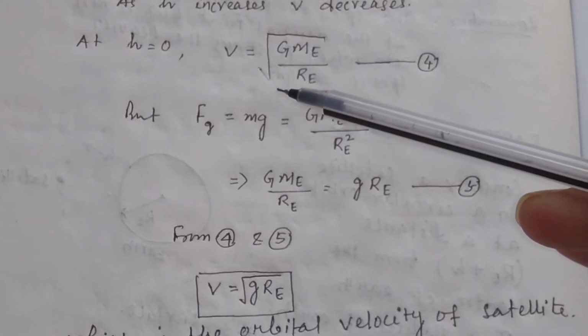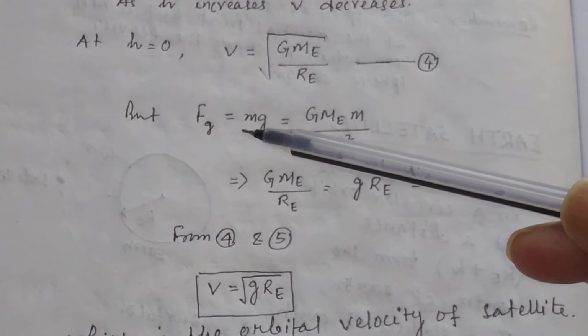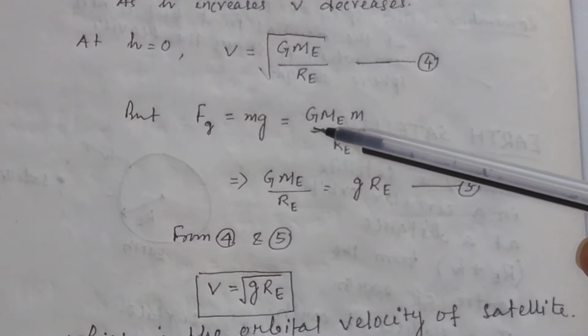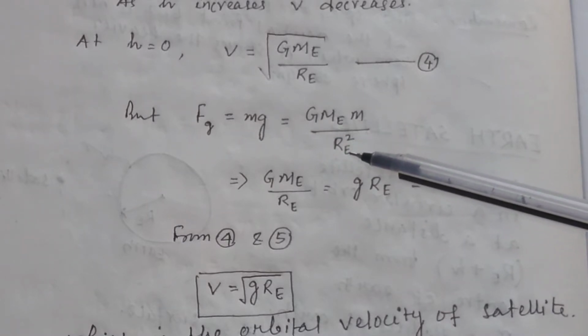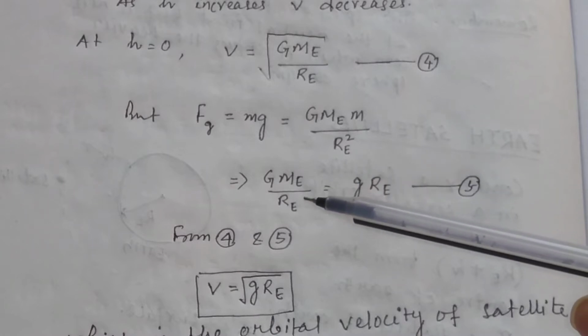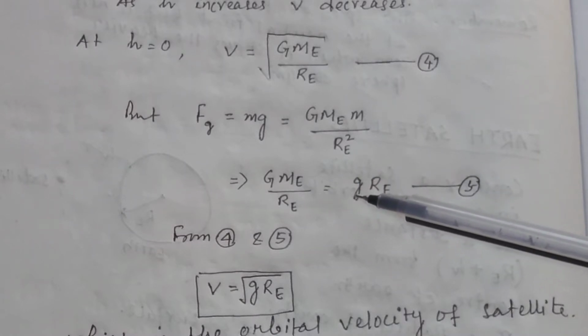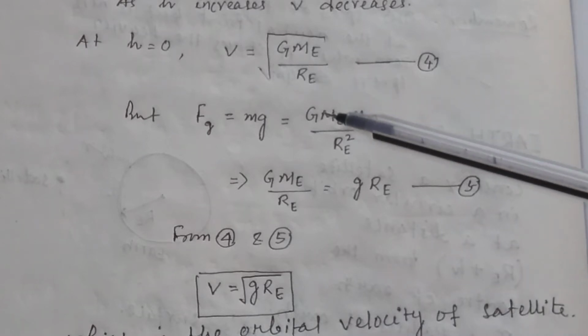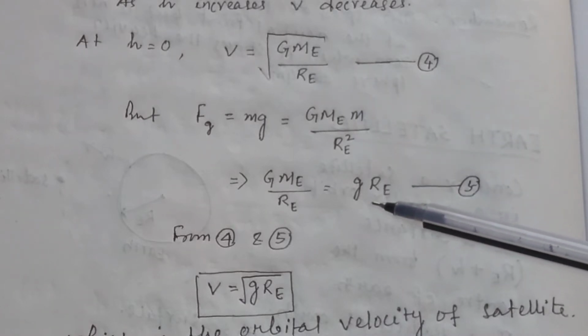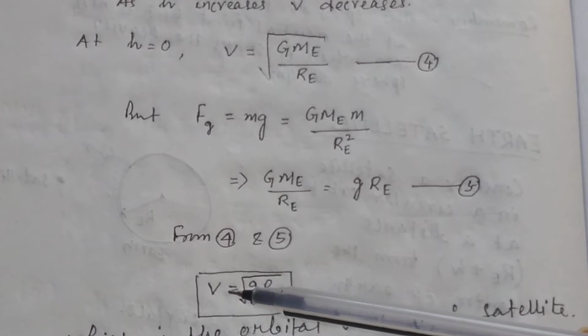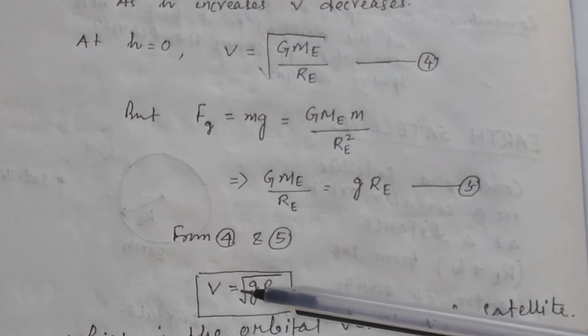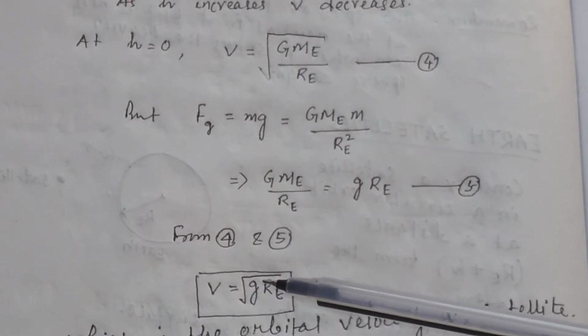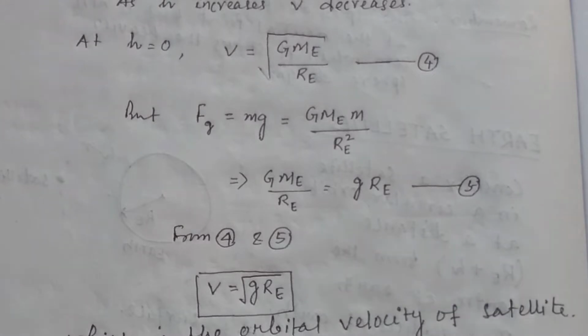But we know F equal to mg, that is equal to GME into M divided by RE square. So GME divided by RE will be equal to g RE. If you substitute this, you will get V, the orbital velocity of the satellite, equal to the square root of g into RE.